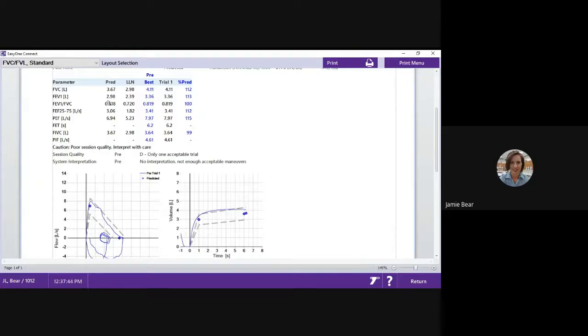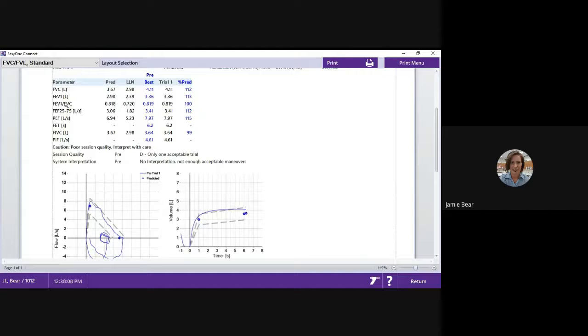Of the 3.67 liters, I should have been able to get out 2.98 liters in that first 1 second. Well, I was able to get out 3.36. So 3.36 divided by 2.98 is 113% of predicted. This normal value is also greater than 80%.